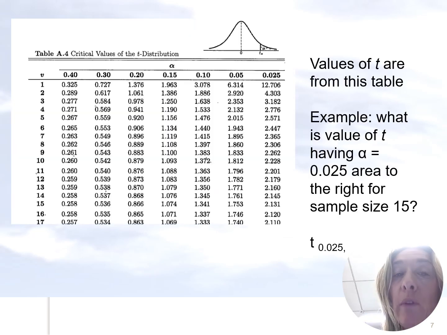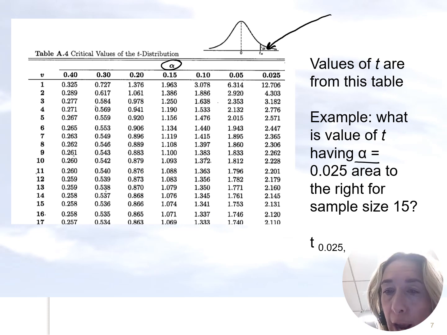Okay, this is a review of the t-table in the back of the book, and this is where we get values of t. Let's do a little review on this one. What is the value of t having an area of alpha equal 0.025 to the right for a sample size of 15? Now, the visual legend is shown here, and the alpha values that you read out of this table are areas to the right. We are looking for alpha of 0.025 to the right.